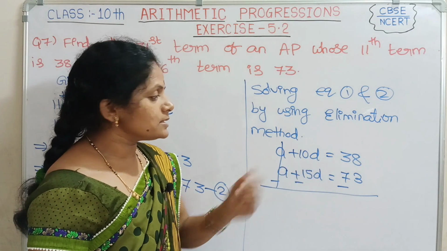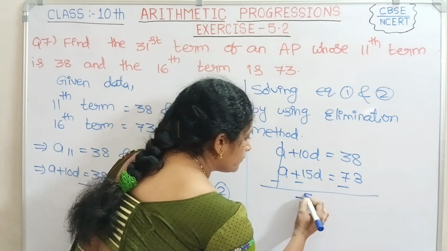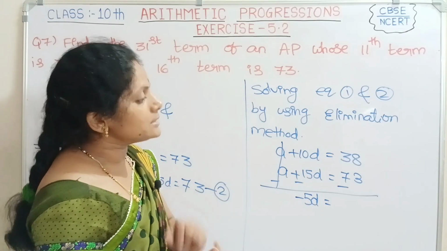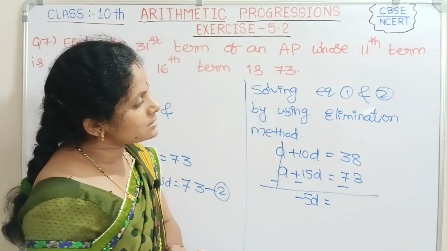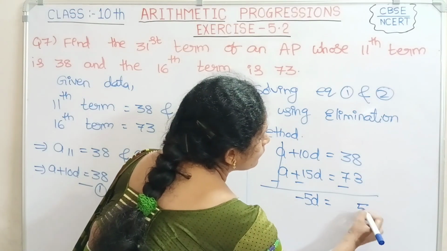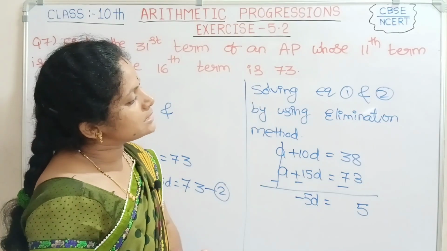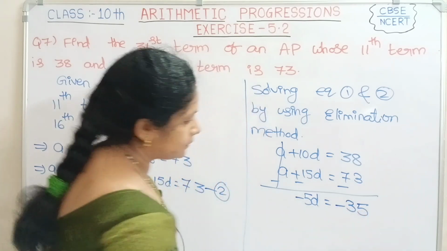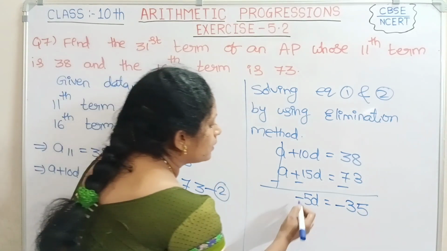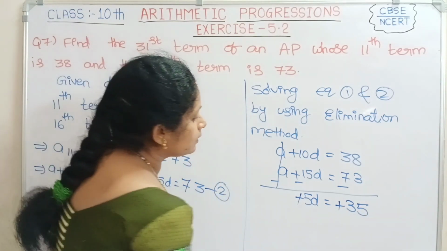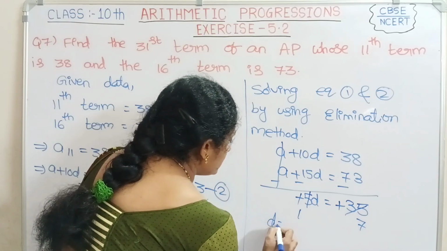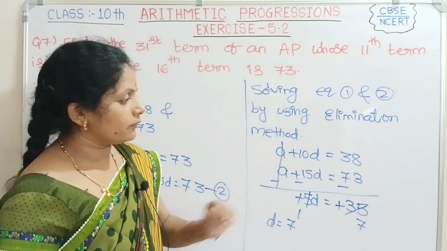Minus 15 plus 10 is minus 5D equals minus 73 plus 38. 73 minus 38 is 35. Minus 35, minus minus will get cancelled. 5 ones are 5, 5 sevens are 35. D is equal to 7 we got.